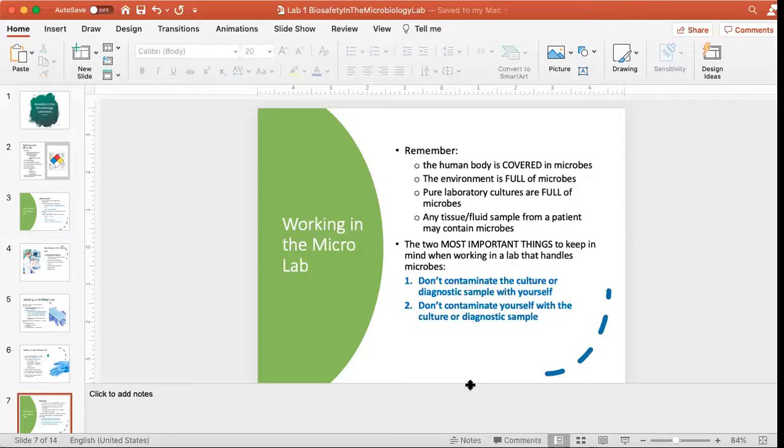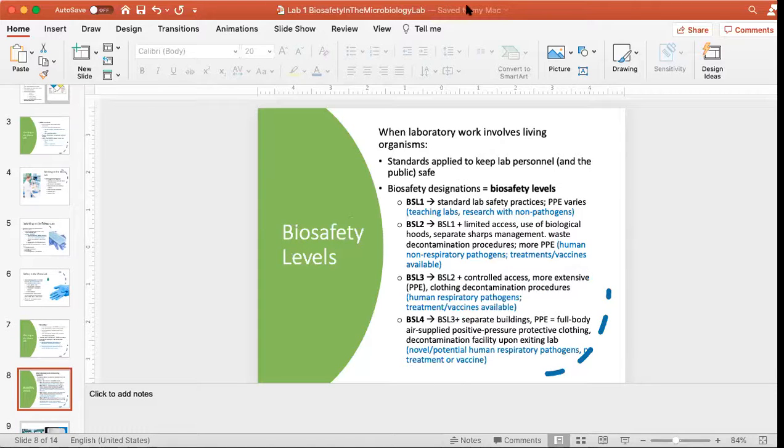Don't contaminate the culture or the diagnostic sample with your own body microbes. And don't contaminate your own body with that culture or that diagnostic sample. Very important piece of information.